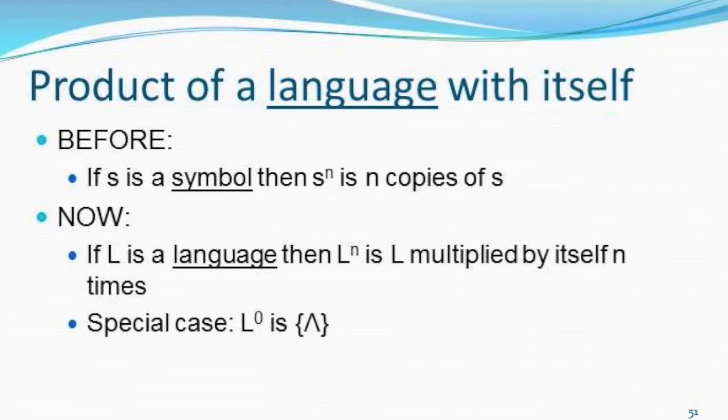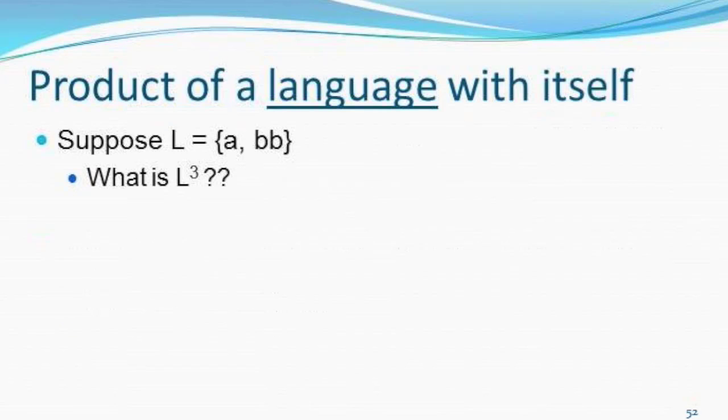And yet another special case, L to the 0th power, L superscript 0, is going to be the set containing just the string lambda. Let's try an example. Let's suppose L is the language that contains 2 strings, and we ask, what is L cubed? See if you can do this. Pause the video and then restart.